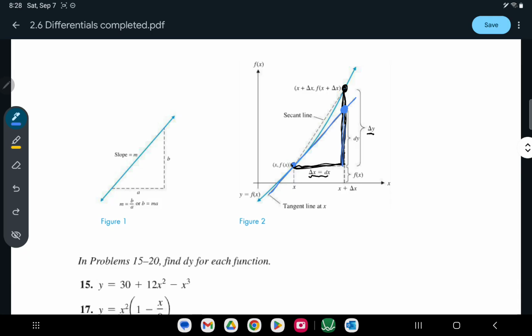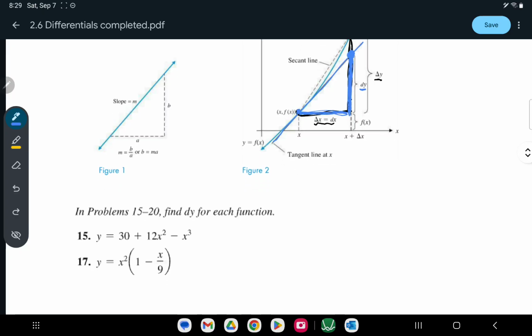So this distance here now is dy. This is my approximate change. And then notice my change in x did not change. So that's why the change in x is the same thing as dx. Right?